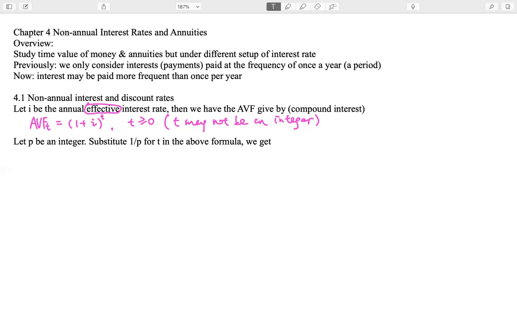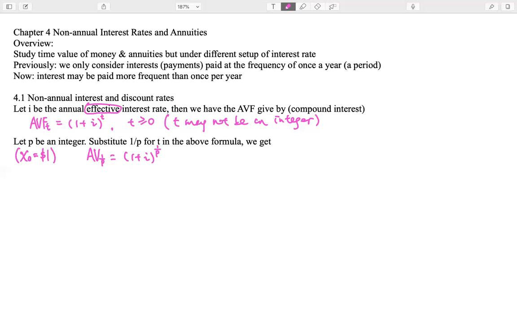So I can easily write down, assume your principal is 1. Let's fix the principal at $1. Then my account value at time 1/p would be (1+i)^(1/p). This is very straightforward. We have done nothing new at this moment.